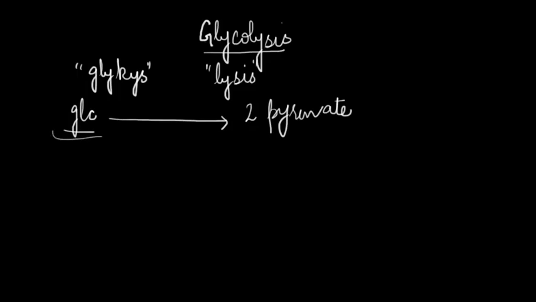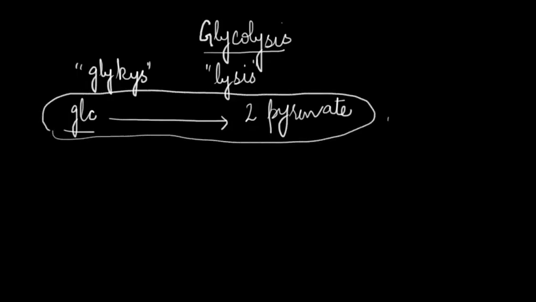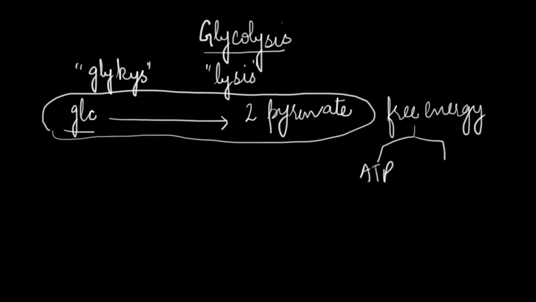The entire sequence of events of glycolysis results in the release of free energy, and this free energy could be utilized for the synthesis of high energy compounds ATP, adenosine triphosphate, and NADH, nicotinamide adenine dinucleotide.